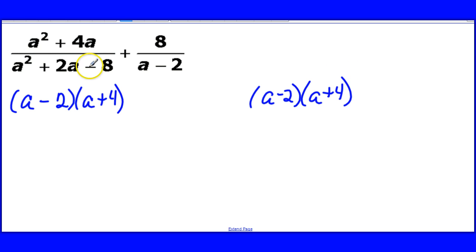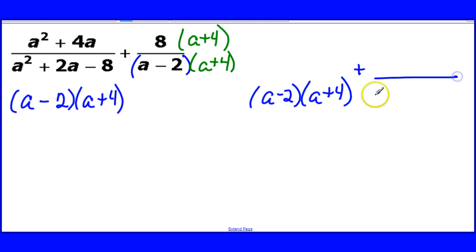Okay? Well, this one's already good. It's already set up because I've already got it all. This one needs an a plus 4, which means you're going to have to give it an a plus 4 on the top. Okay? All right, so what is that going to give me? Let's go ahead and make these denominators the same. Lots of times I'll just write it over one big denominator.